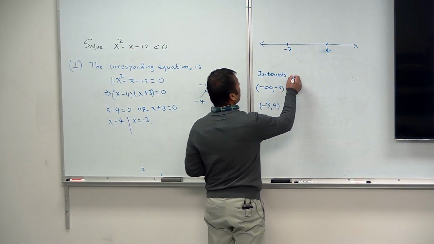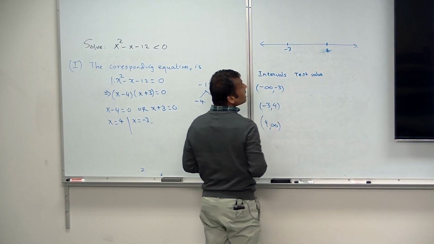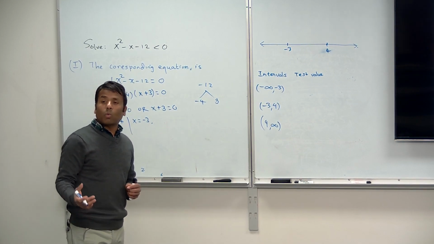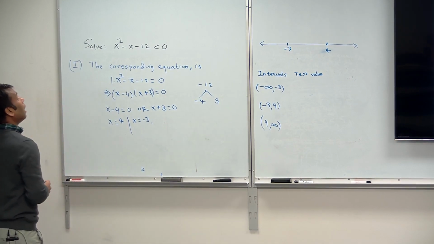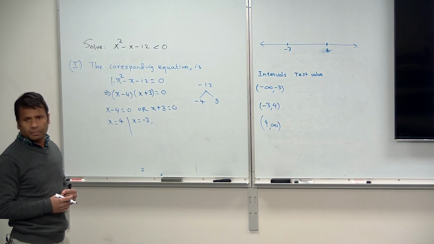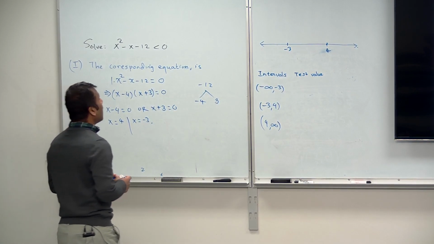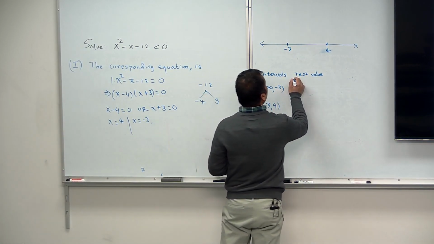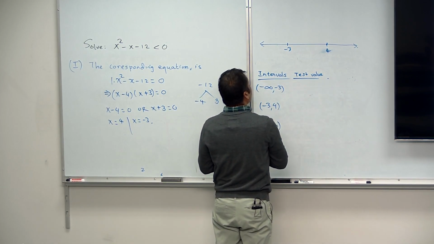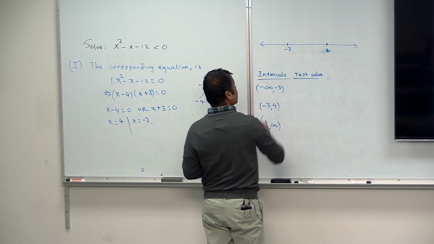Okay? So now we'll pick a test value from each interval to determine which interval is a solution set. And you can pick any test value. You can pick any point from this interval as a test value.